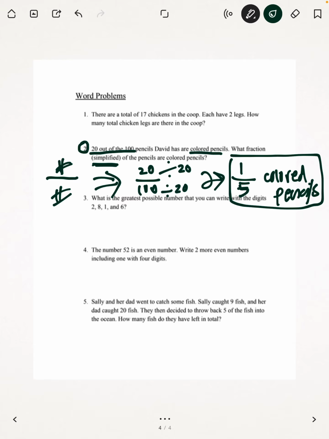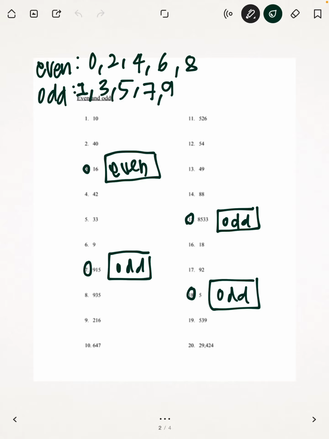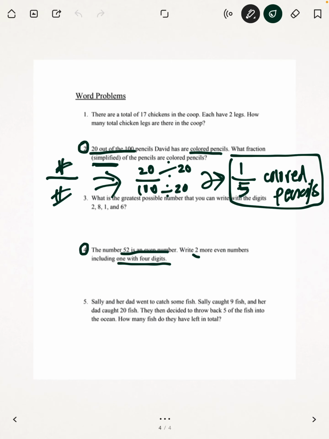Next, we're going to be doing number 4. It says the number 52 is an even number. Write 2 more numbers, including one with 4 digits. So as we looked here, an even number is any number with 0, 2, 4, 6, and 8. So we have to include numbers with these numbers.